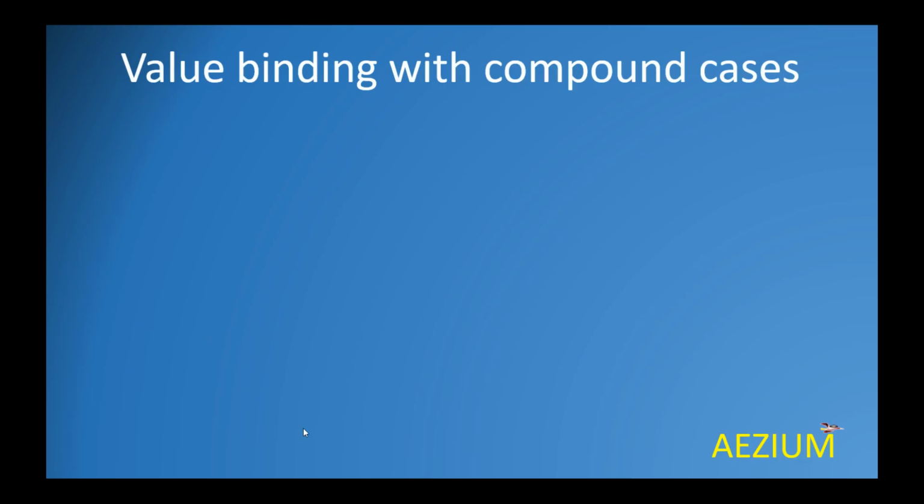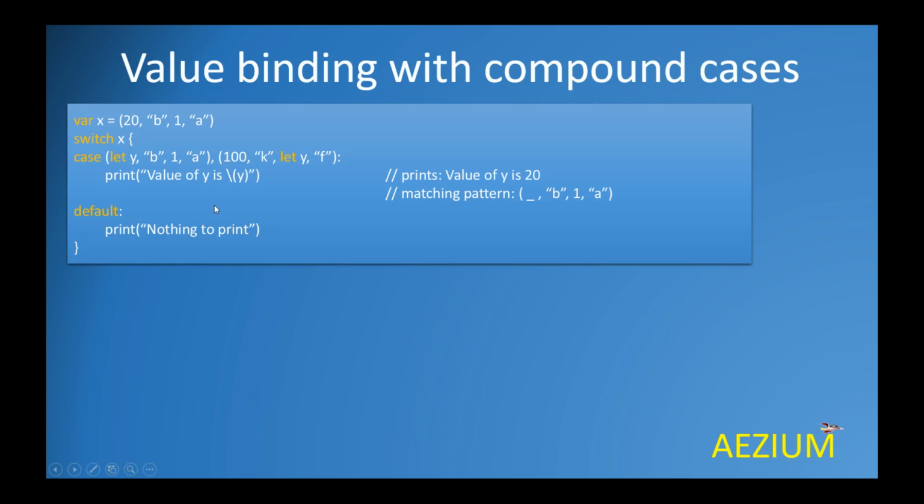Value binding can also be used with compound cases. Here's an example. What we're trying to do is assign a value to our temporary parameter y here or here, and if you notice, y is placed in different positions in these four element tuples.